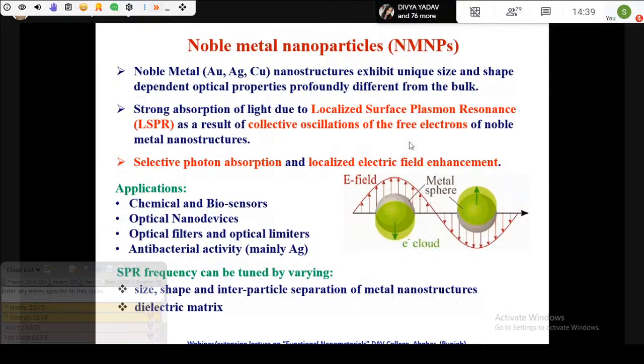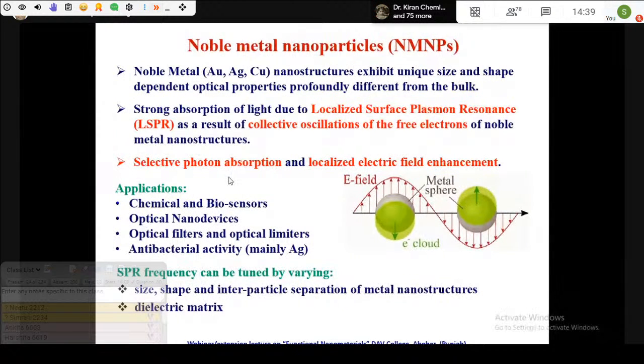If there is oscillation of free electrons, an electromagnetic field is generated. But this is a unique property of noble metals, because the same phenomenon will not be observed in the case of semiconductors. That's why it's a unique property for the noble metals.